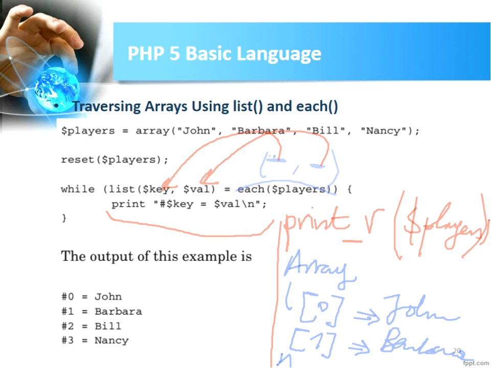It is clear? I can use print_r, no problem. But here I want this display with hash, with equal, etc. So for this, I will use my own program with a loop.